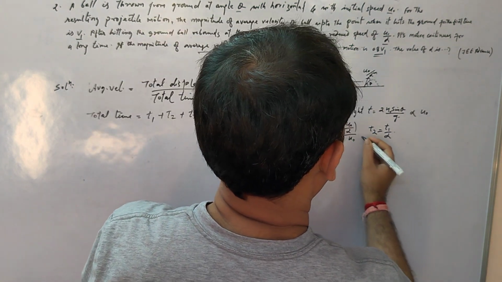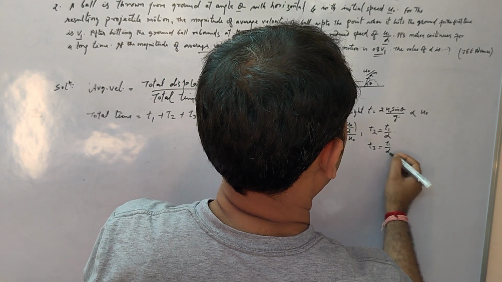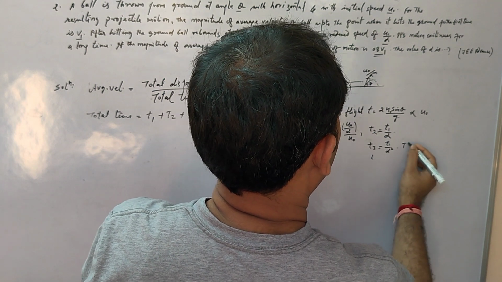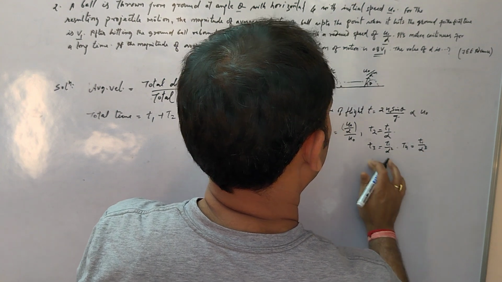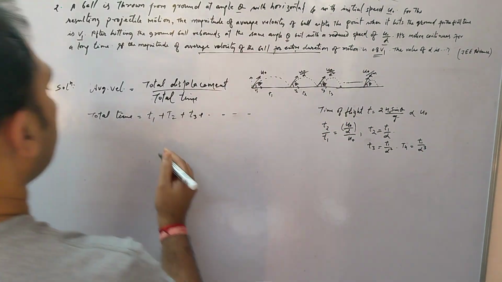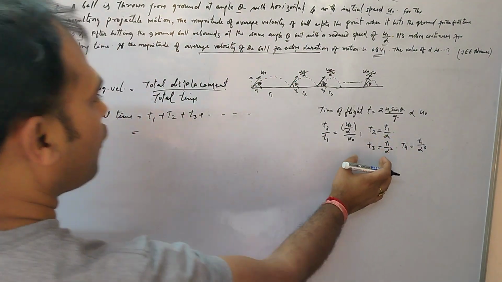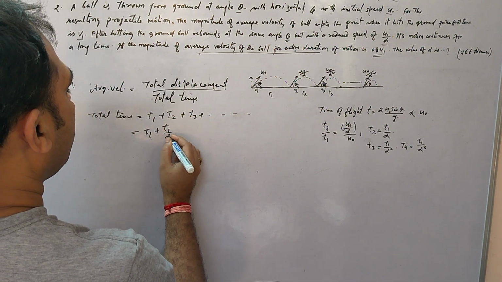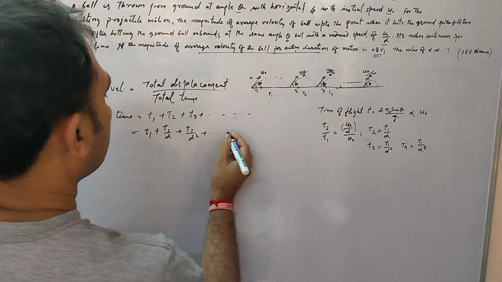Again similarly t3 will be t1 by alpha square, t4 t1 by alpha cube and so on. So write down the value from here: t1 plus t1 by alpha plus t1 by alpha square plus so on.